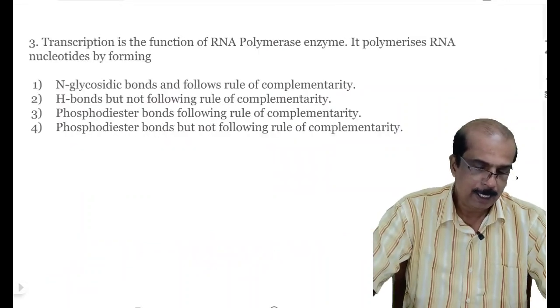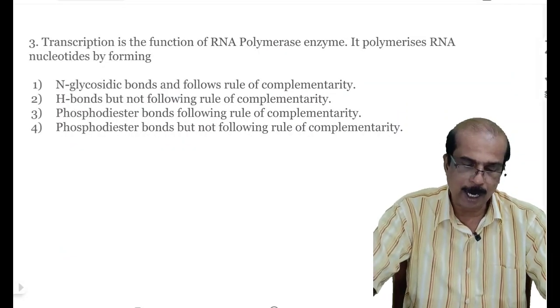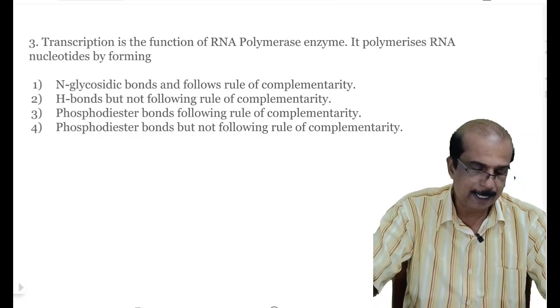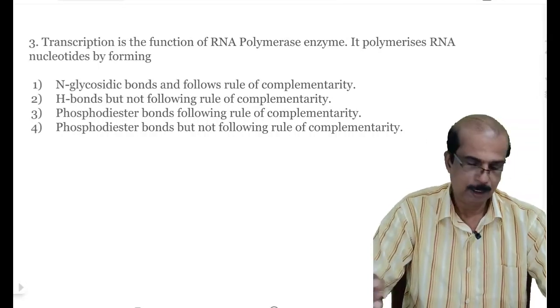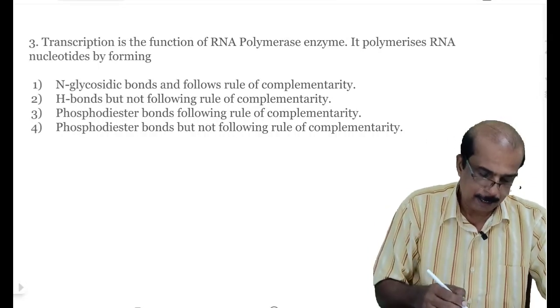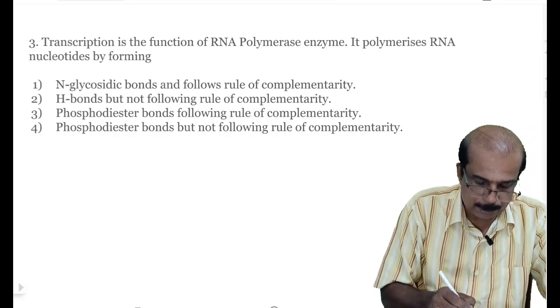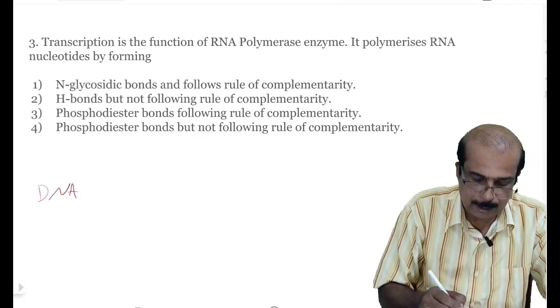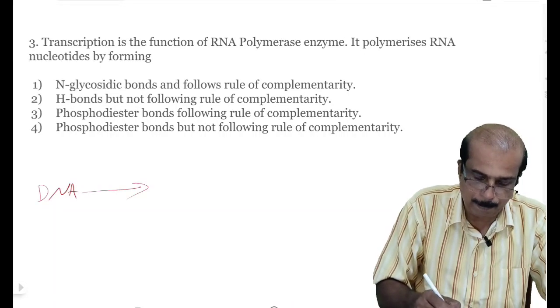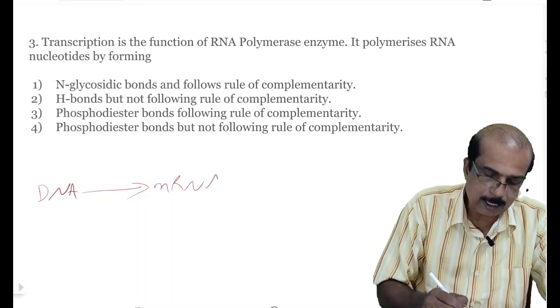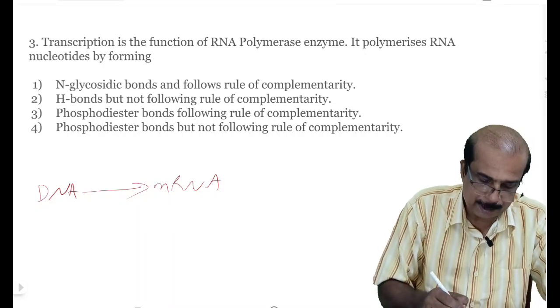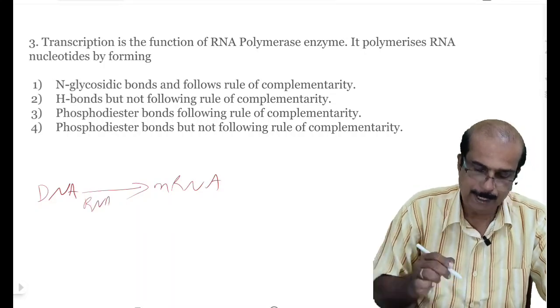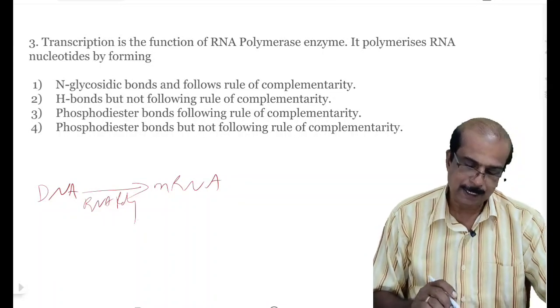Moving to next question. Transcription is the function of RNA polymerase enzyme. It polymerizes RNA nucleotides by forming. You know that one of the segments of DNA is transcribed to form mRNA by the process transcription. Here the enzyme is RNA polymerase enzyme.